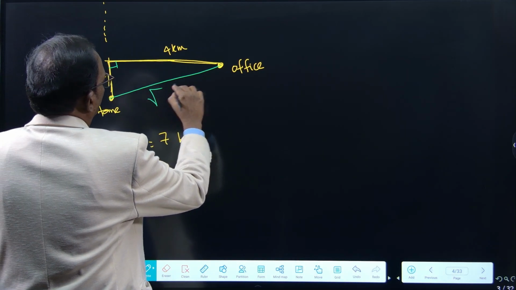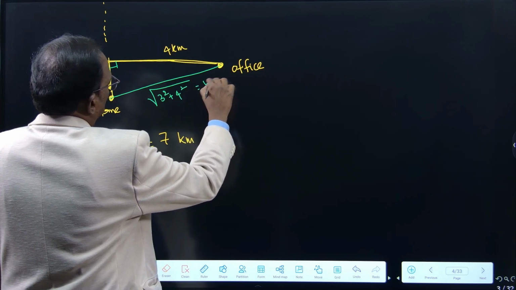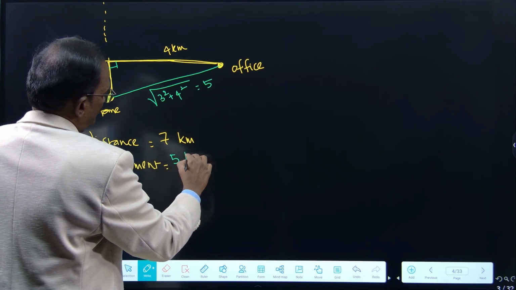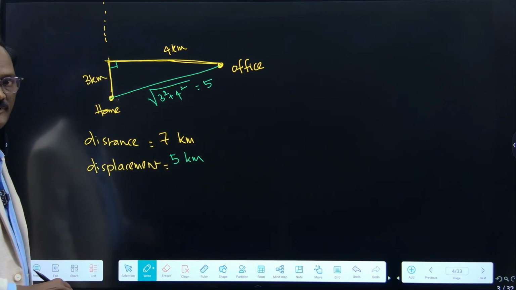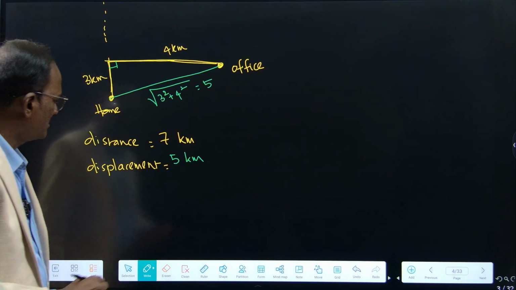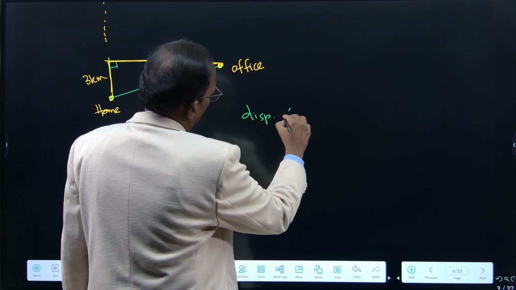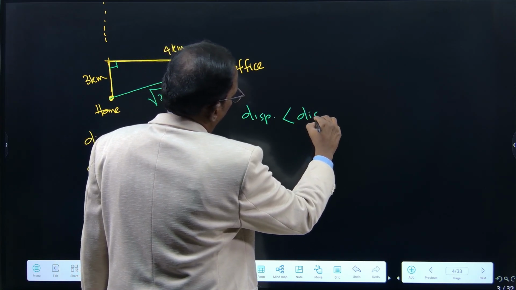So Pythagoras theorem, we can use 3 square plus 4 square. So this is 5. 5 kilometers is the displacement. So in this example, what we have understood is that displacement will be less than distance.